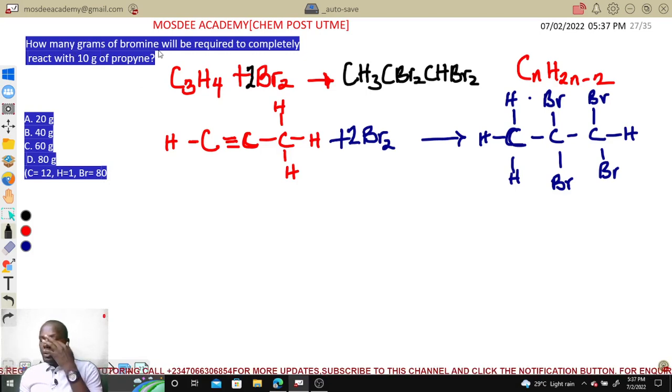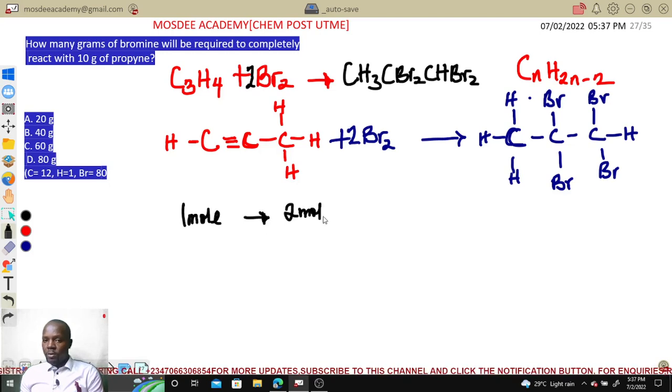How many grams of bromine will be required to completely react with 10 grams of propyne? So you can see from here, we compare stoichiometry. 1 mole of propyne requires how many moles of bromine? 2 moles of bromine. So they now say how many grams, so 1 mole of a substance is the same thing as its molar mass.